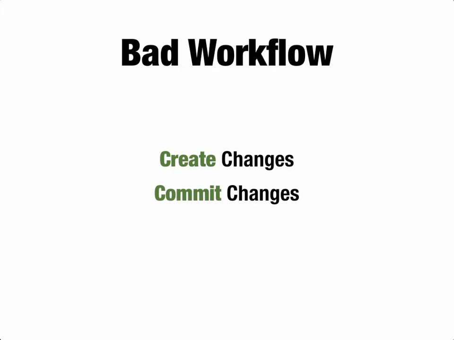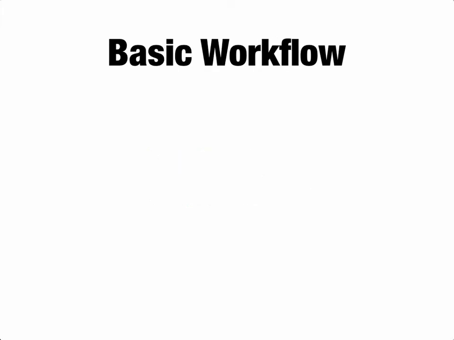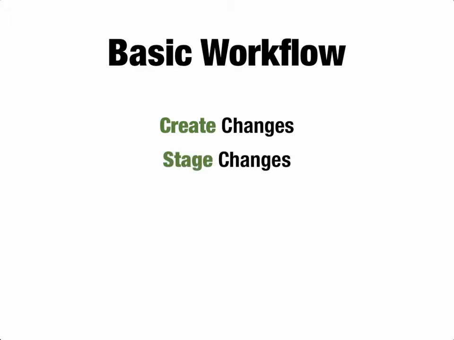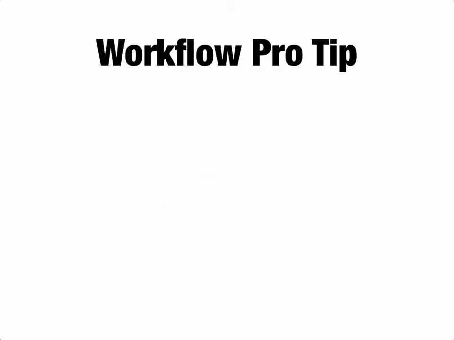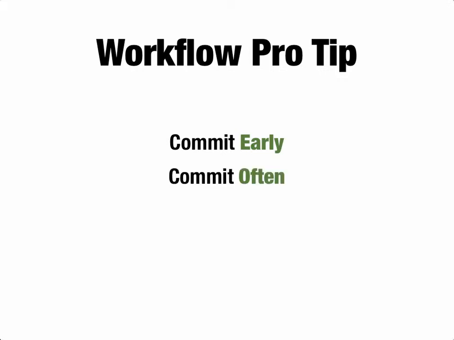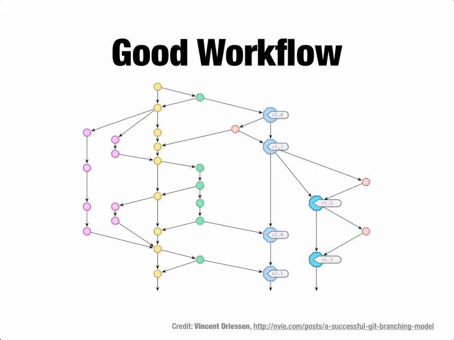That's sort of just autosave. You're not getting a lot of mileage out of that. A more basic one, which isn't quite as bad, is you create your changes, you stage them, and you actually review your changes, and then when they're ready, you commit. Some great pro tips for working with DVCS are commit early and commit often. These are the things you want to do. And you can commit units.